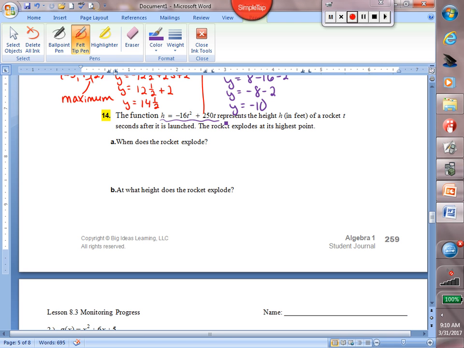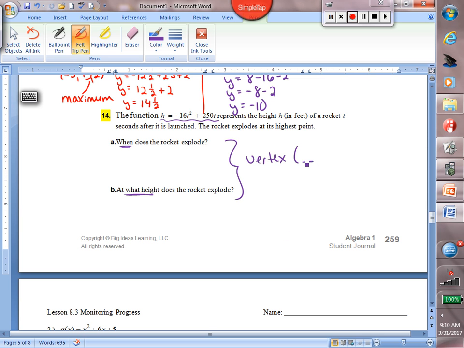We have the function h equals negative 16t squared plus 250t represents the height, h, in feet of a rocket t seconds after it's launched. The rocket explodes at its highest point. So we want to know, when does the rocket explode and at what height? To answer those questions, you need to find the vertex.